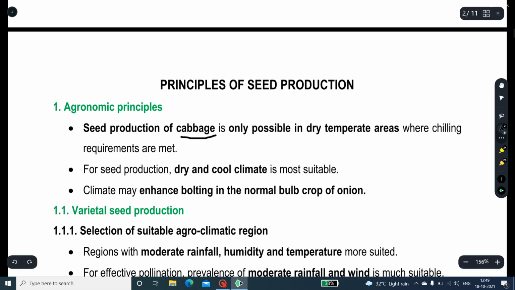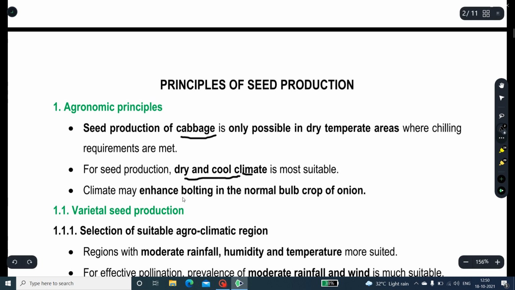So climate is the most important factor, and generally for seed production, dry and cool climate is most suitable. Different vegetables need different climates for successful seed production and can be classified into temperate and tropical types.